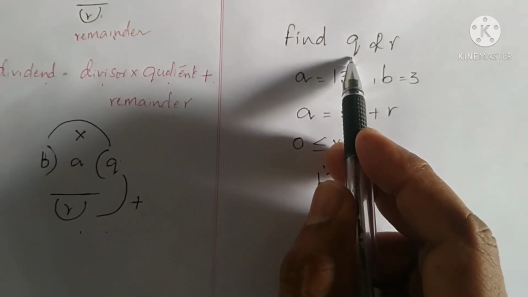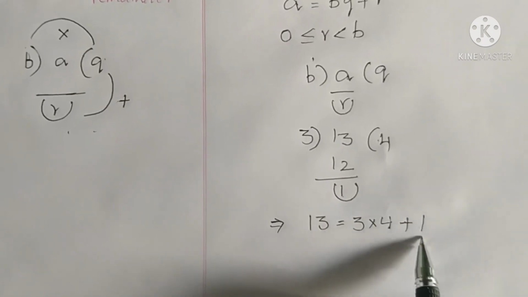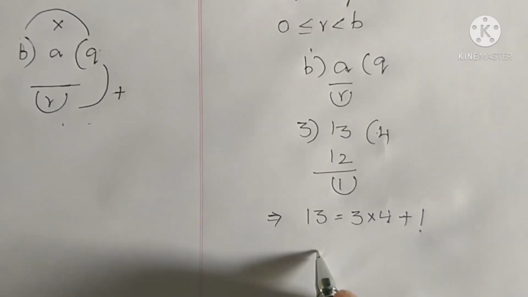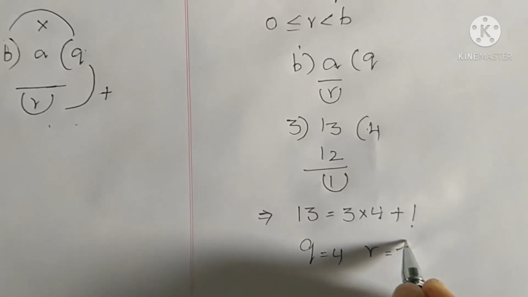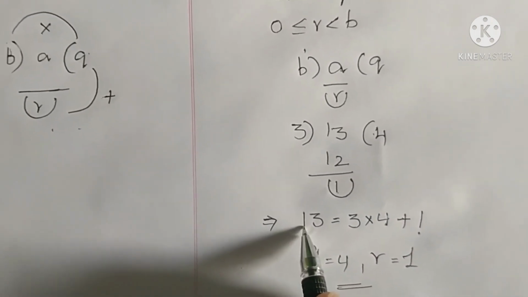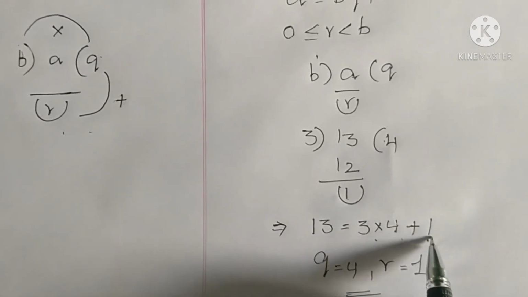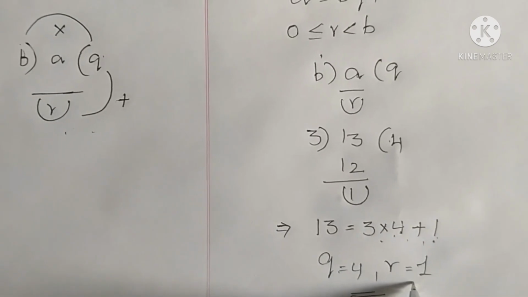We have to find Q and R, right? Here Q is equal to 4, remainder R is equal to 1. This is the final result in the form A is equal to BQ plus R.